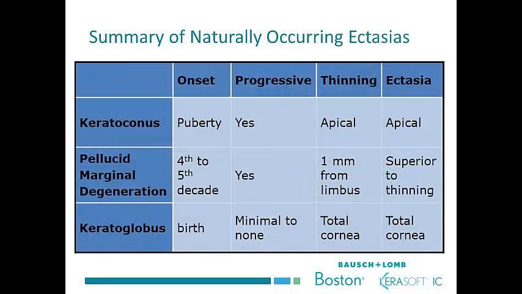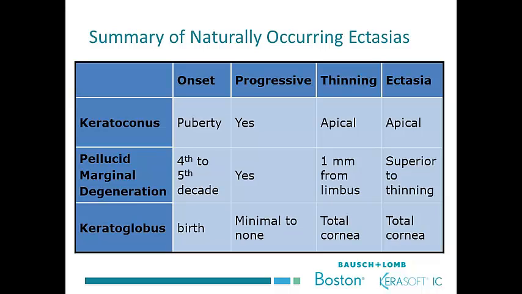Again, here's a summary of the naturally occurring ectasias. This is why I like to look at this, because you want to determine, at their age, where they are in their progressive history. With keratoconus, again, it's self-limiting, but it is progressive. So if they are young, you know that it might progress.